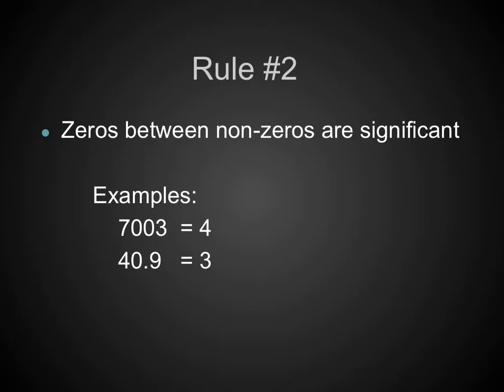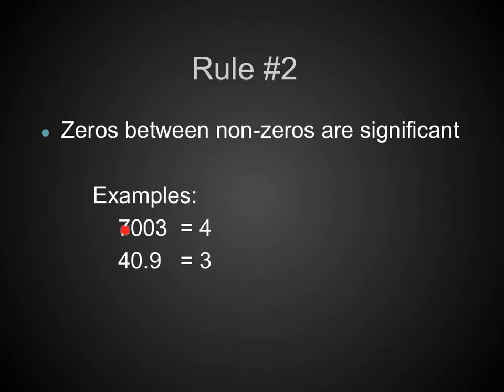So here we can see 7 is a non-zero, so that's significant, because remember, all numbers between 1 and 9 are significant, and 3 is a significant number. So these zeros in between are between significant digits. 7 is significant, 3 is significant. If the zeros are sandwiched between significant numbers, or numbers that are between 1 and 9, they are counted as significant digits.